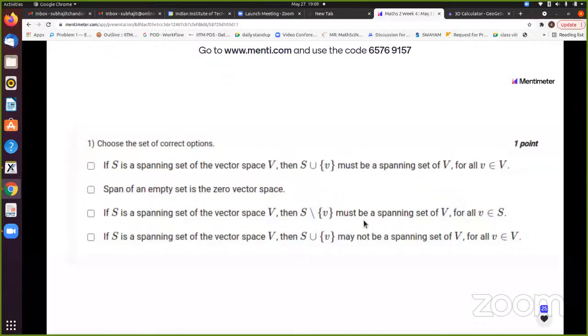S is not necessarily a basis. Remember, S is just a spanning set. I'm just removing some of the elements from the spanning set itself. Then it will be a spanning set of V. Okay, anyone wants to say something else?